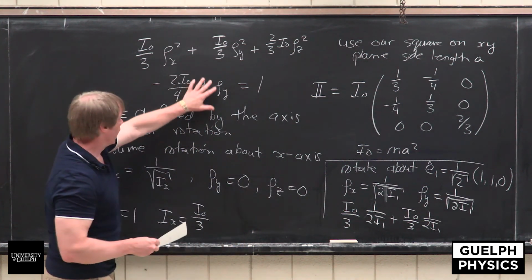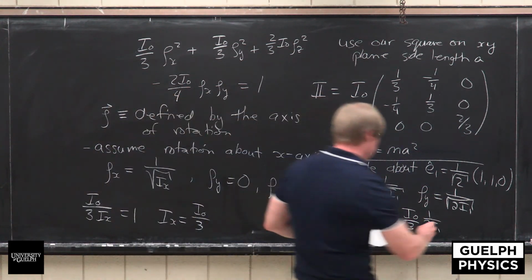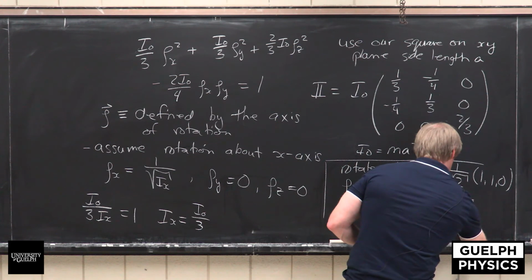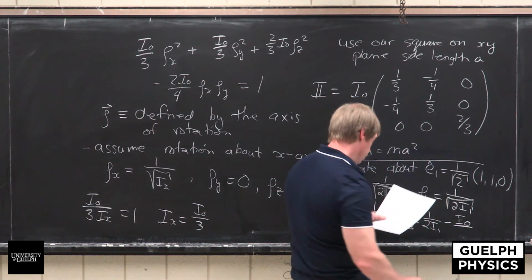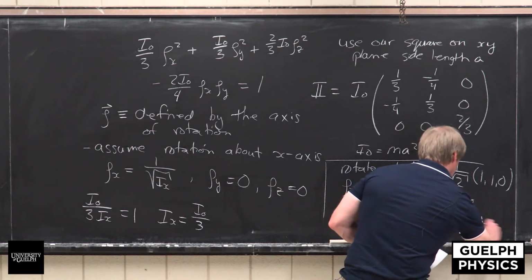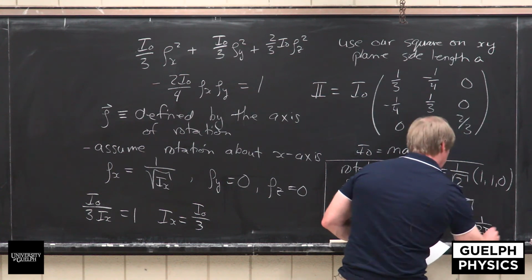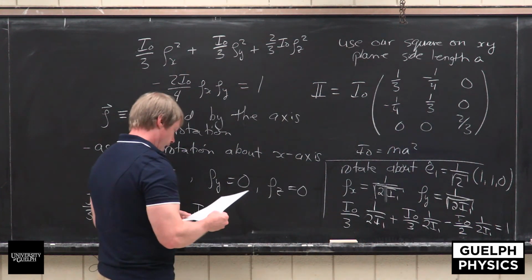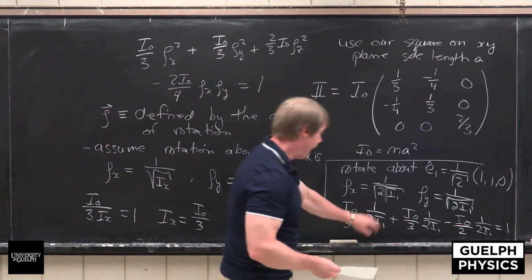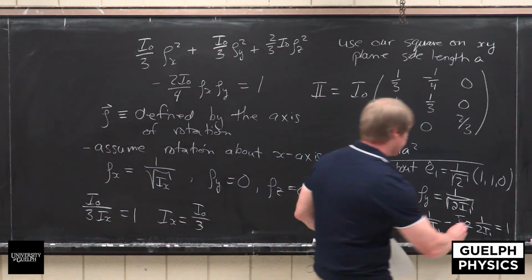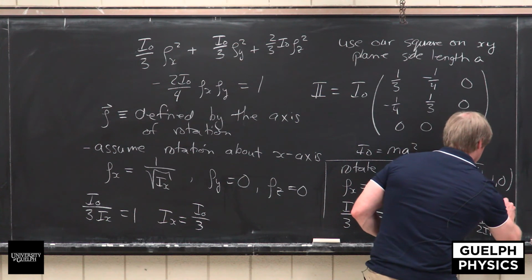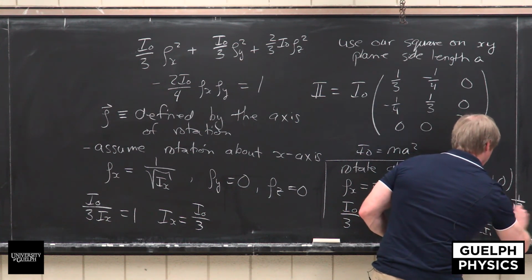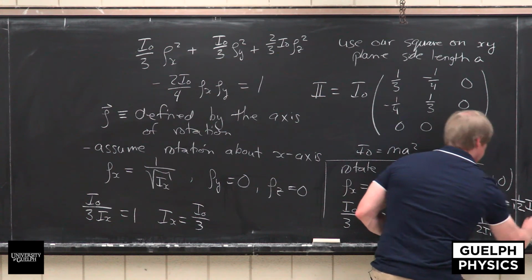And then I have this term, which gives me a minus I naught over 2, 1 over 2 I1 equals 1. And when I add this all together, I get I1 is equal to 1/12 I naught.